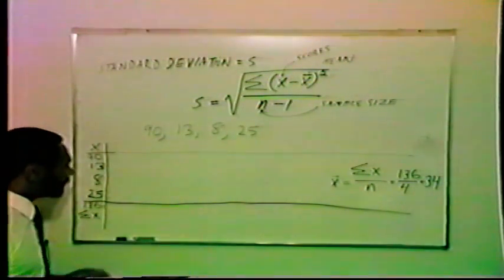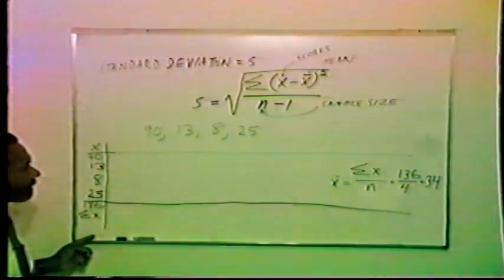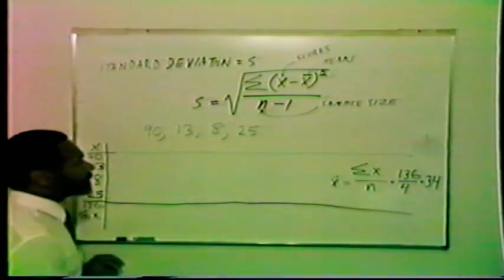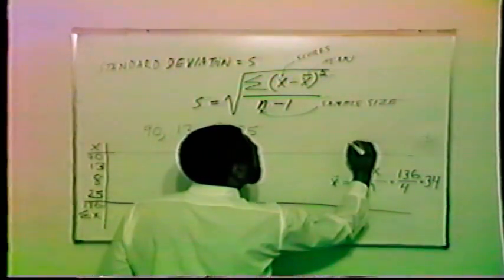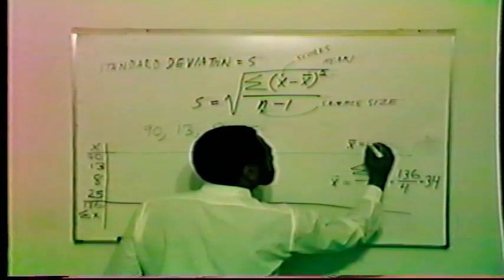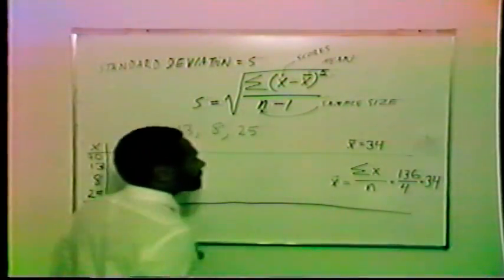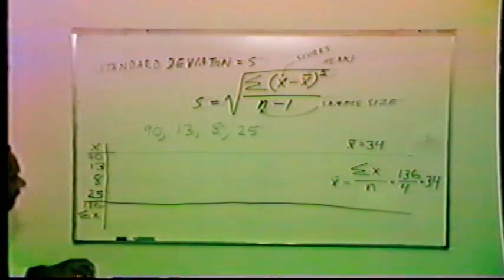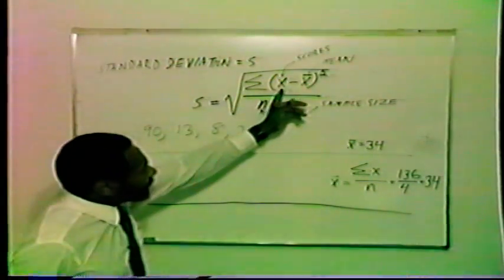So that is the mean of the set of scores. So now we know that x bar is equal to 34.